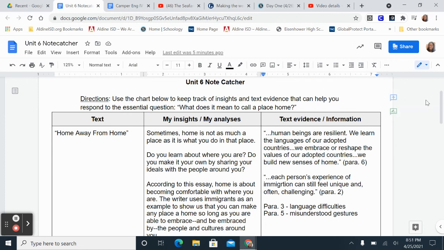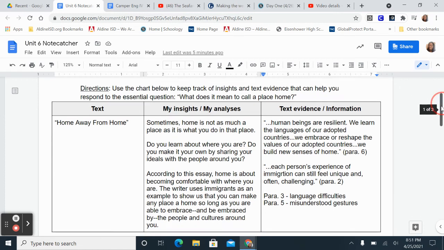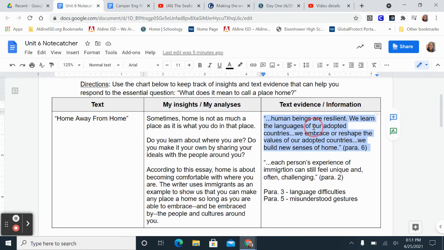And then there were two ways that you can put the text evidence down. You could grab the text evidence now and put the paragraph that you found it in. This is going to help you when it's time to start your writing process or your graphic organizer.